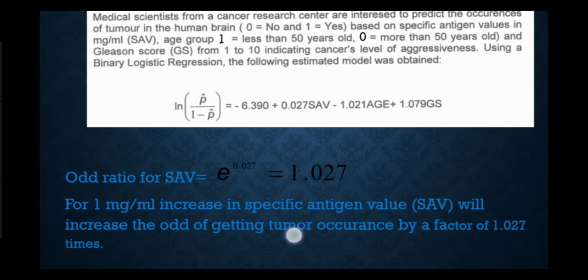Because 1 is yes. If 1 is no, then it would be the odds of not getting tumor. Okay, because here 1 is yes, it will increase the odds of getting tumor occurrence by a factor of 1.027 times. Okay, so this is the interpretation if the independent variable is a continuous variable.